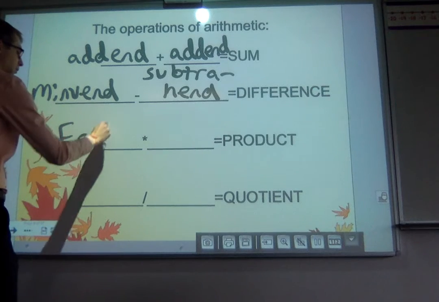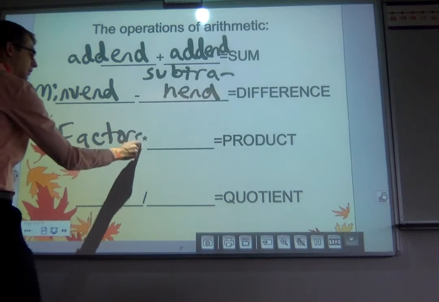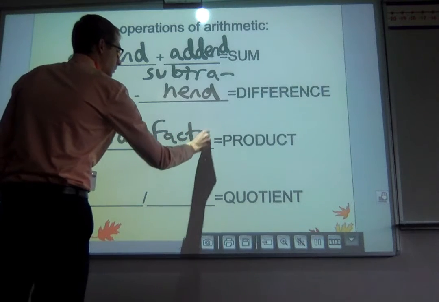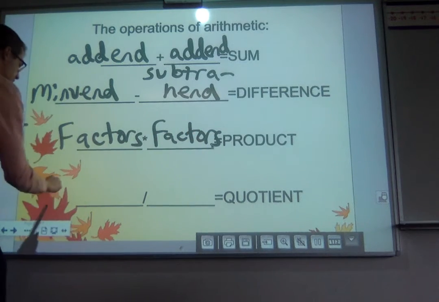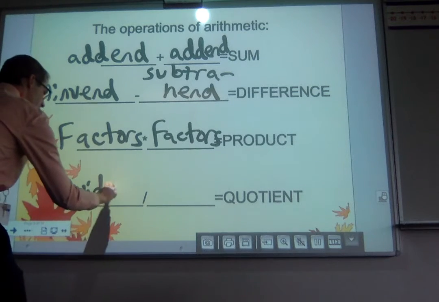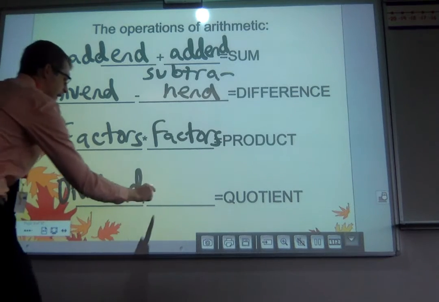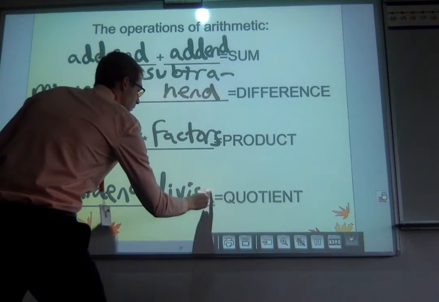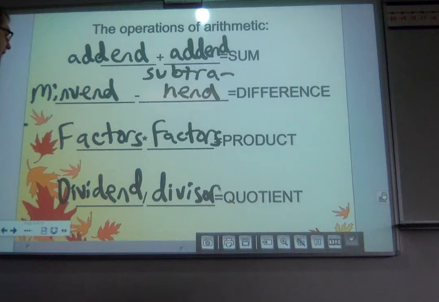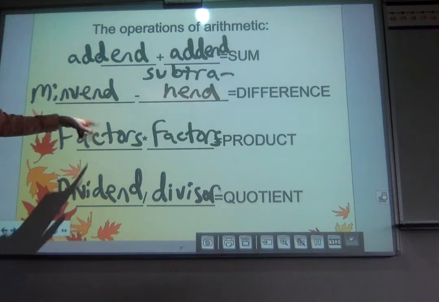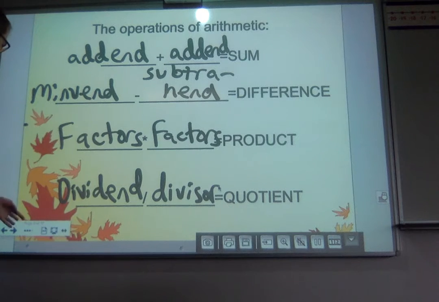Two factors multiplied together give us a product. And then our quotient, we have our dividend on top and then our divisor below. And obviously if you're multiplying more than 2 numbers, they're all going to be factors.